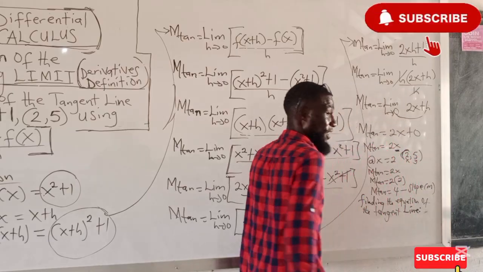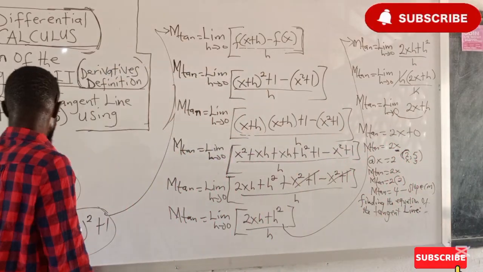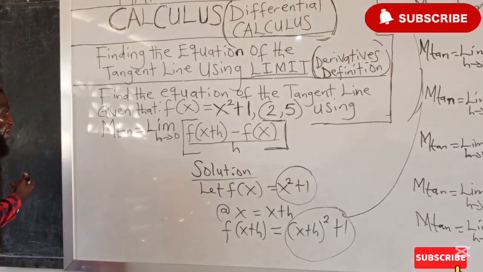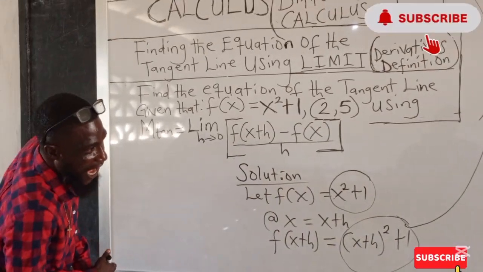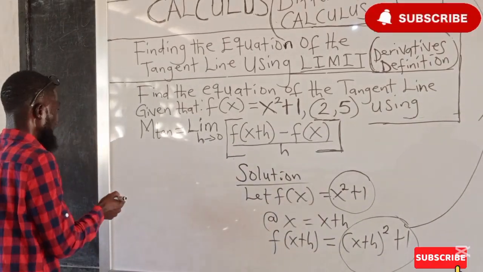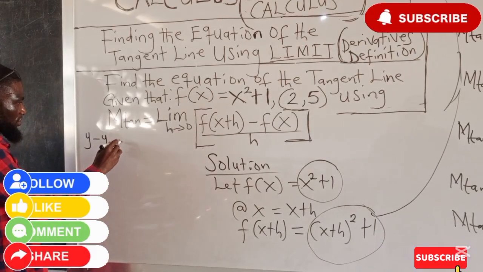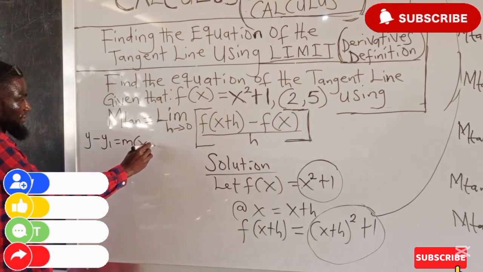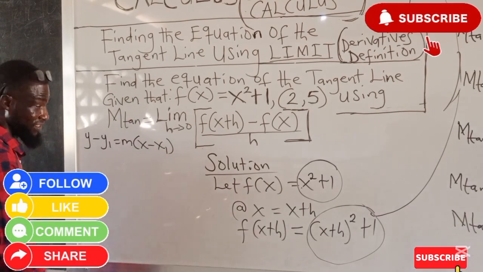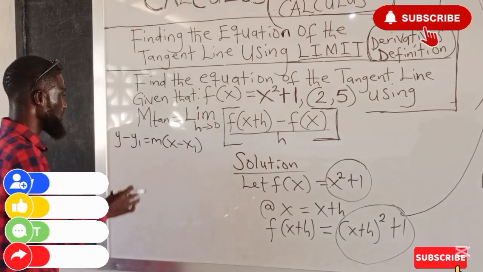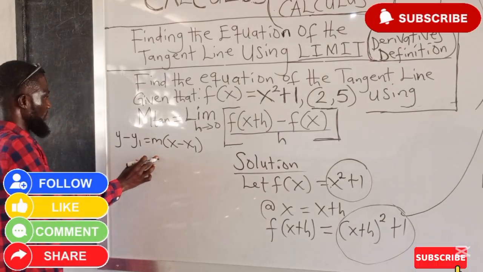Remember, we have our formula to be used. What is our formula? In order to find the equation for our tangent line, y minus y1 will be equal to m, parenthesis open, x minus x1, parenthesis close. We find the equation of the tangent line using this formula.